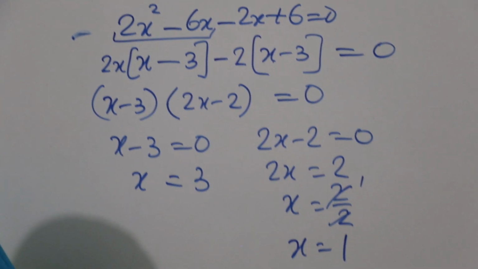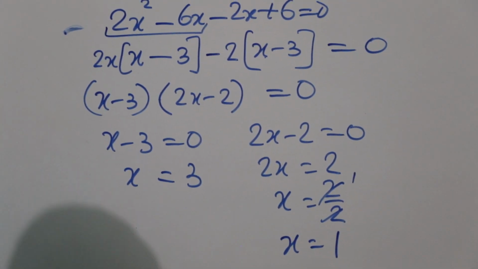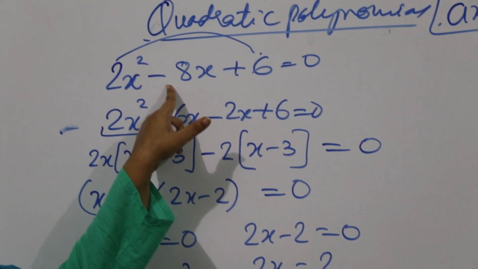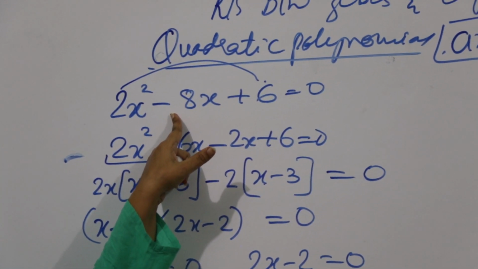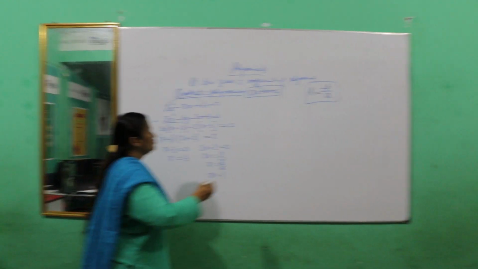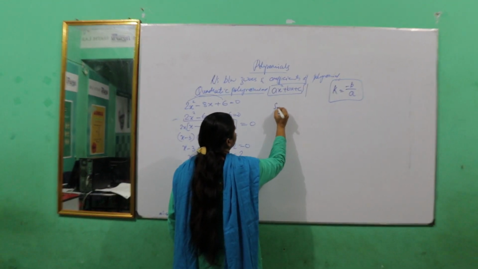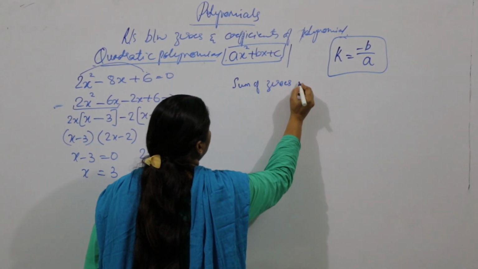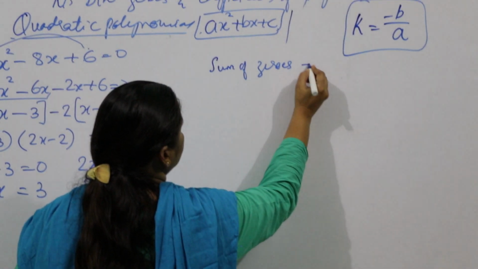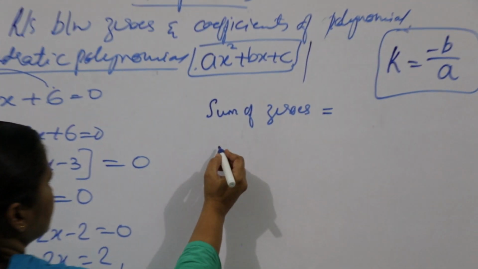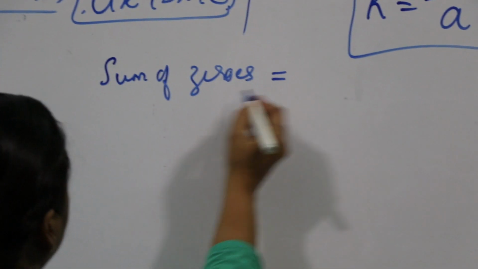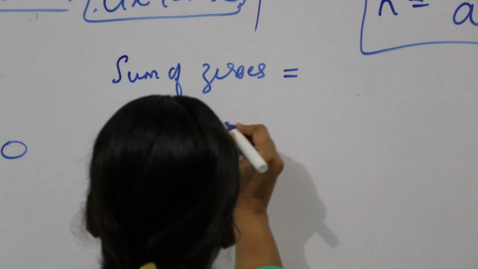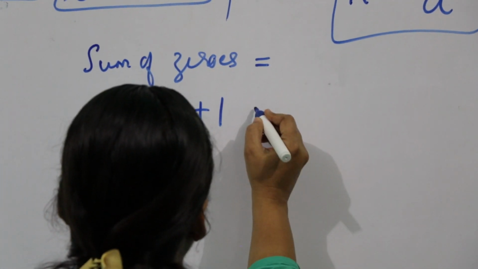Now let us see how this can be related to our coefficients. Sum of its zeros. Let us see what the sum of the zeros is. The sum of the zeros here is 3 plus 1.